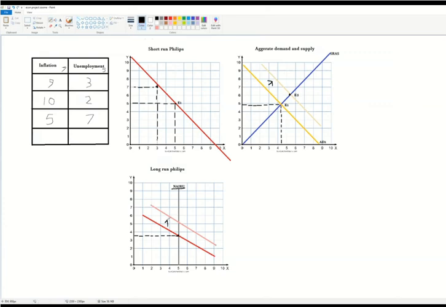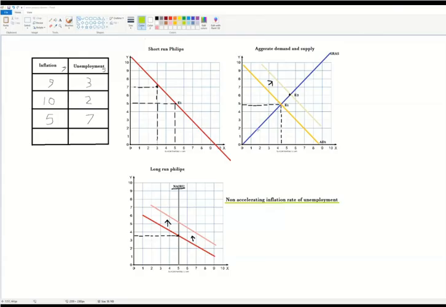So inflation increases, prices are higher, but unemployment in the long run remains the same. So although in the long run the Phillips curve does not move much, the only thing that increases is inflation rates. NAIRU can be moved.